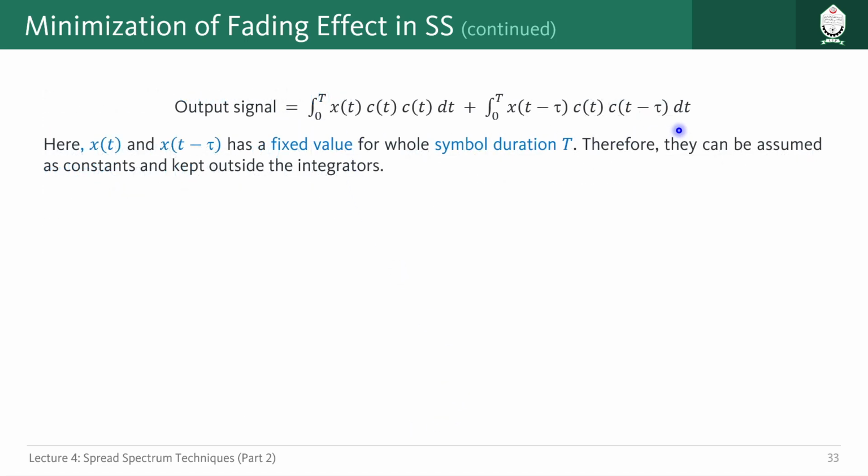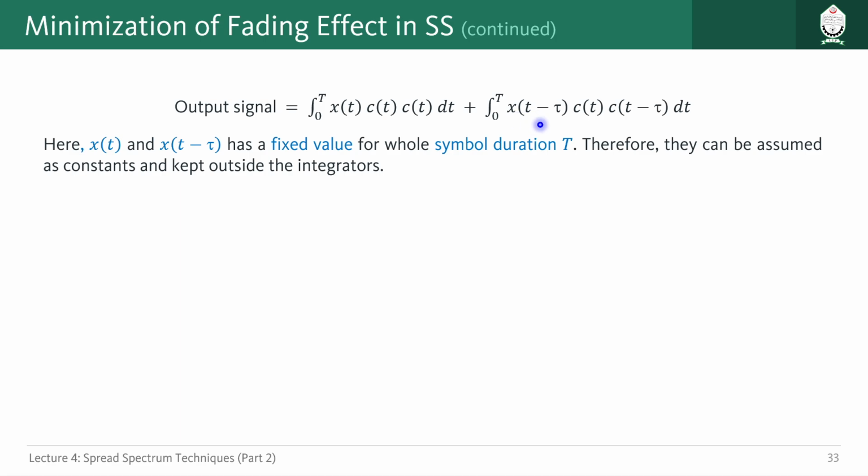Now for this output signal, what we can understand here is that x of t and also x of t minus tau are actually fixed values for the whole symbol duration T, right? Because these are the signals we are transmitting. For a symbol duration, x of t and x of t minus tau should be fixed, or should not change with respect to time.